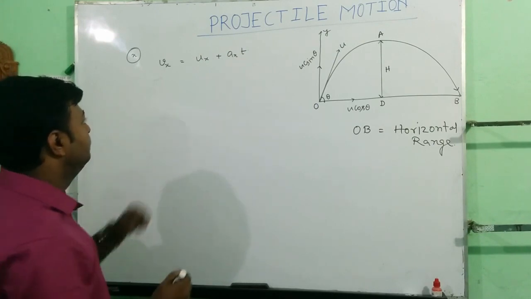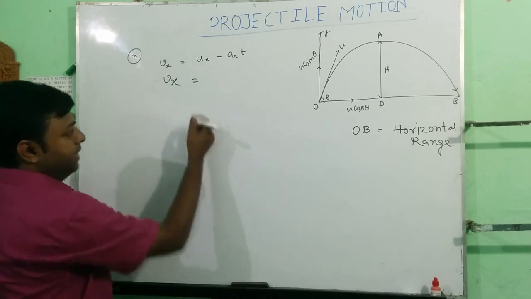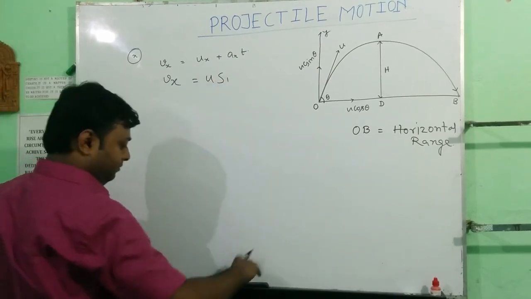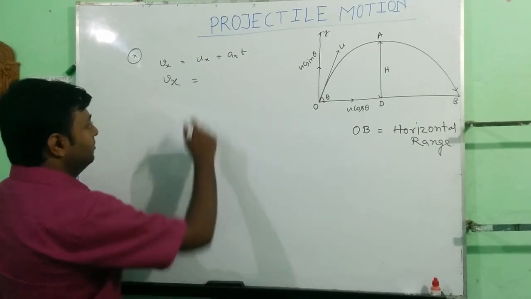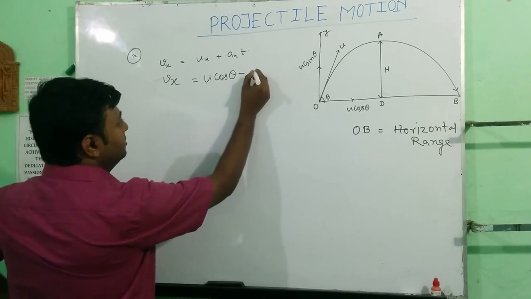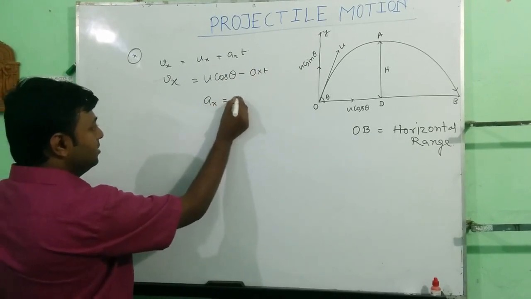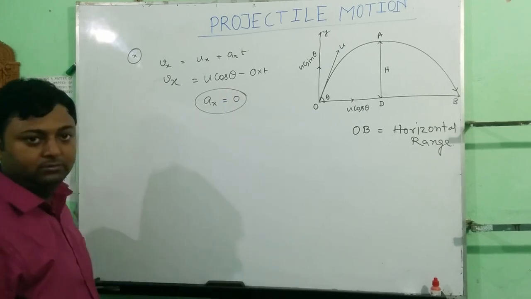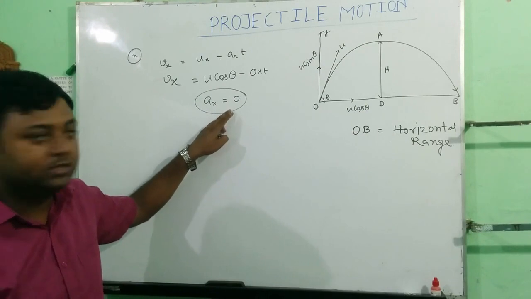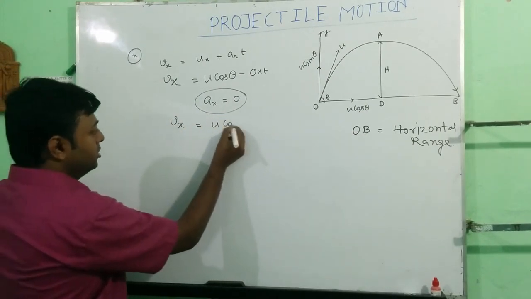Here ux is the initial velocity, u cos theta, minus 0 into t, because along the x direction there is no acceleration, that is ax equals 0. So Vx equals u cos theta.